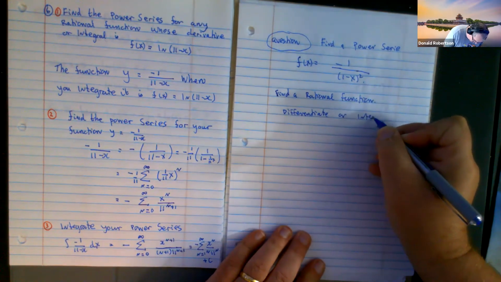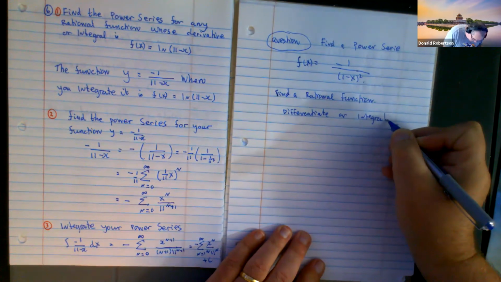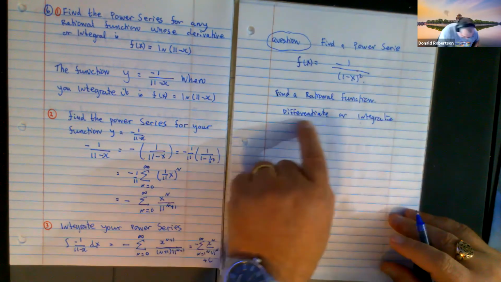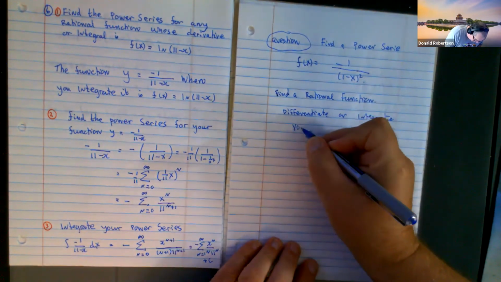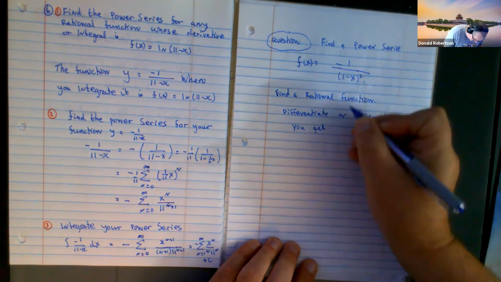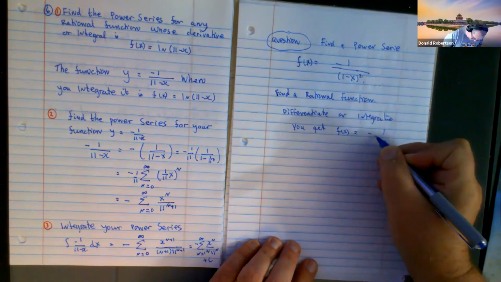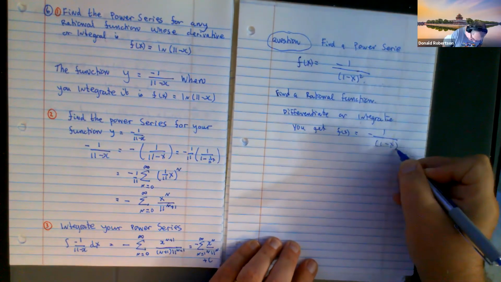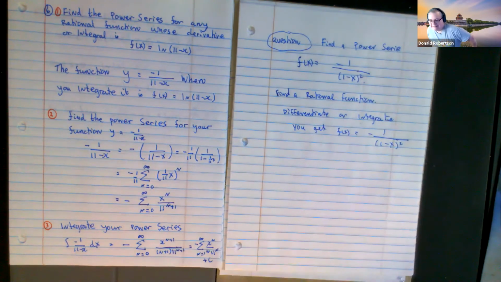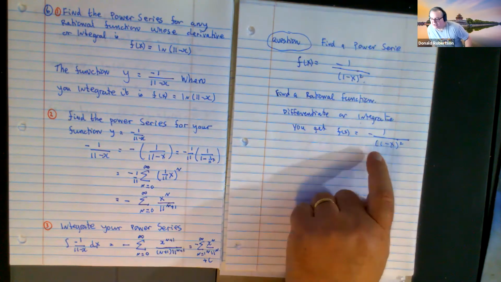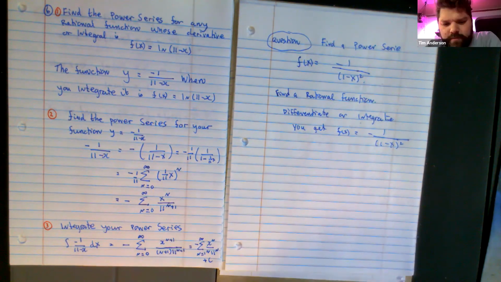Doesn't matter which, but you're going to have to find a rational function that if you differentiate it or integrate it, you get that guy. Has anybody got any ideas what function you would start with, that if you integrated it or differentiated it, you would get this guy? That's the problem.